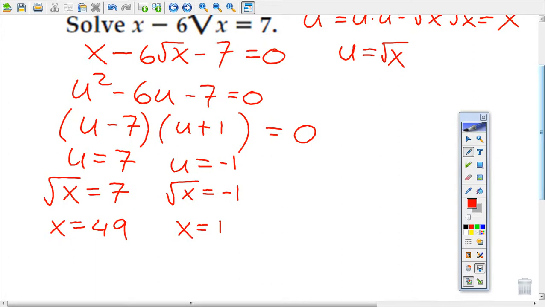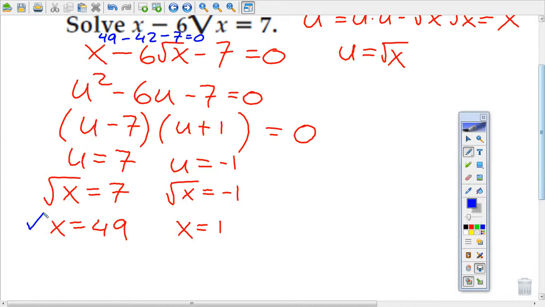So I have to check to make sure it works. So when I plug in 49, what's the square root of 49? 7. So what's 6 times 7? 42. Does 49 minus 42 minus 7 equal 0? Yes, it does.